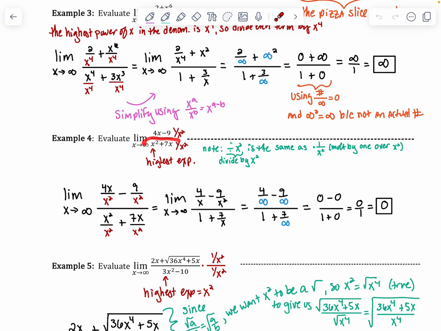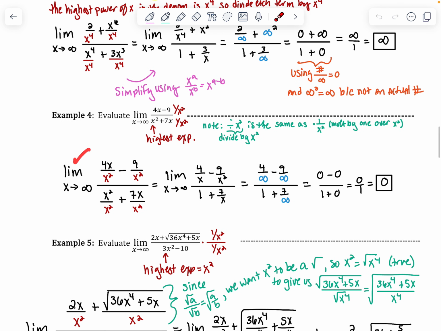Next question. I'm looking at the denominator only. I see an x squared, so that's my highest exponent variable, and I need to divide numerator and denominator by x squared, but maybe you want to write it as 1 over x squared. It's the same thing, but for some people visually that helps them remember that they need to put it under each of those terms.